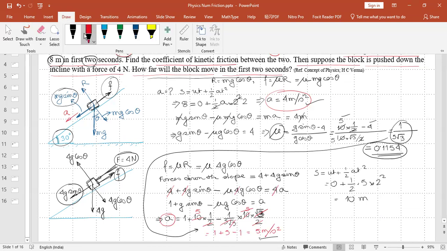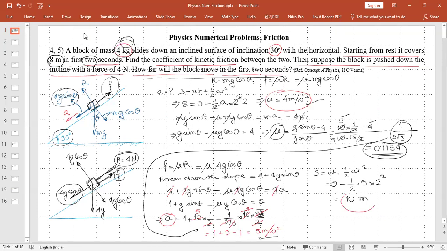So the answer to the second part is 10 meter, right? So we shall now go to the next problem.